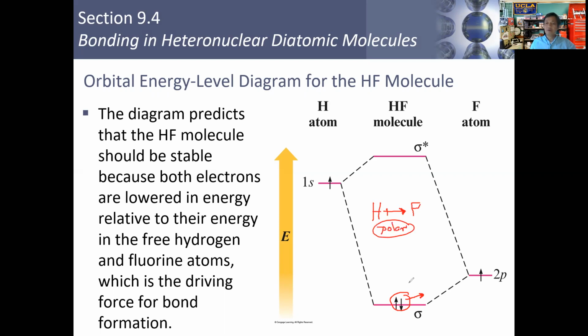We can account for the polarity of the bond also using molecular orbital theory, because the 2p orbital of fluorine is closer in energy to the sigma bonding molecular orbital. And so the electrons will spend more time with the fluorine.